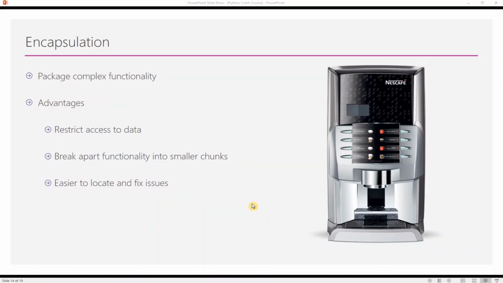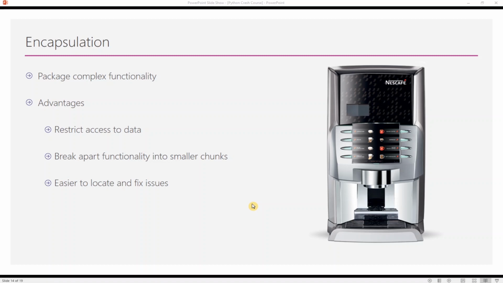Now let's move on to discuss the object-oriented aspects of the language. The first in the list is encapsulation. This principle dictates that all complex functionality in the application should be hidden from its users. To better understand this concept, let's take the analogy of a coffee machine from the real world.